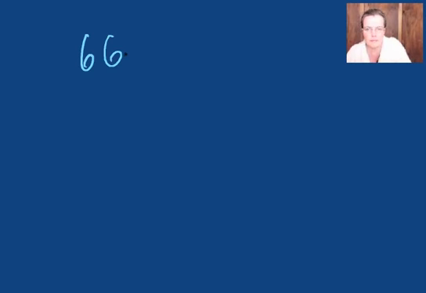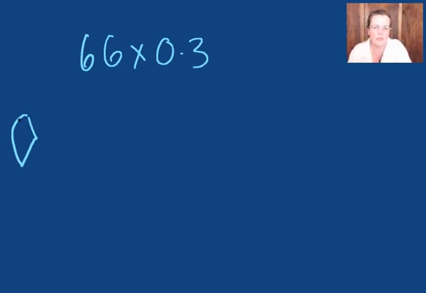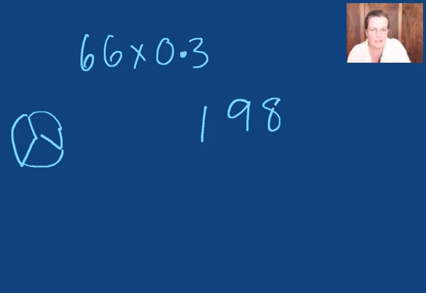66 times 0.3. So what we're roughly thinking of, if you've got 66 thirds and you put them all together to make pizzas, how many would you get? So another way of looking at that is a third of 66, so the answer is going to be roughly 22. 66 times 3, trust me on this one, 198. 1 number after the decimal, bounce it in once.